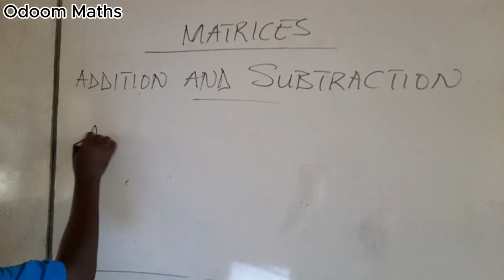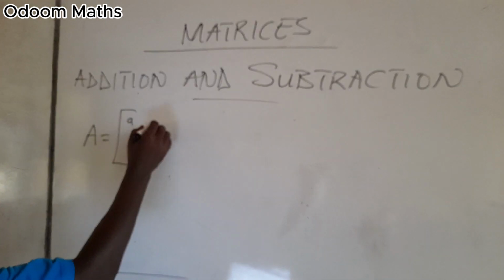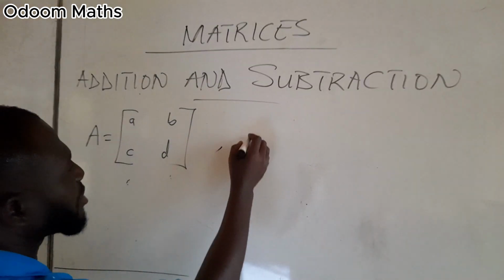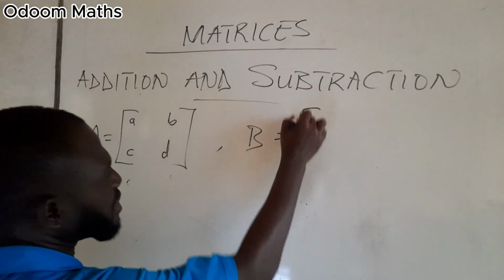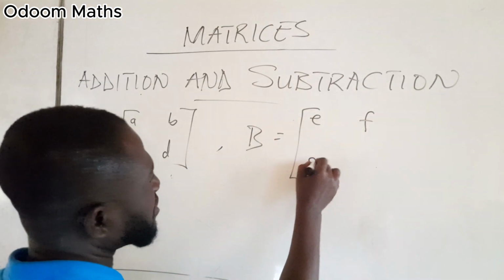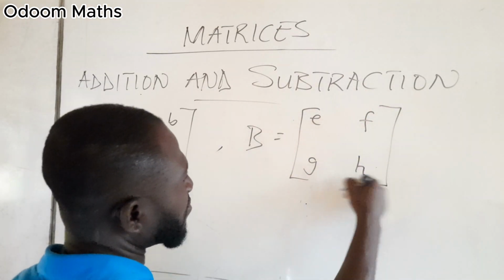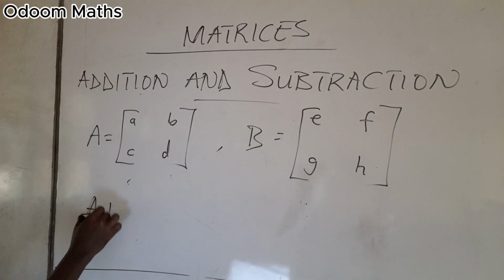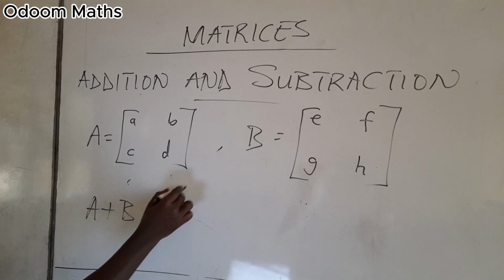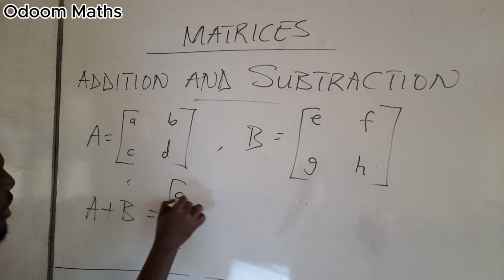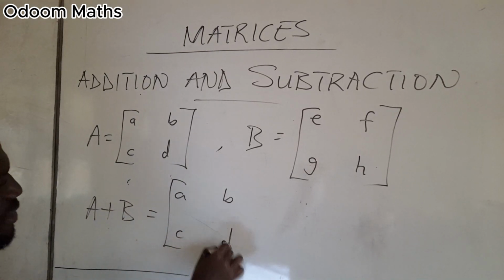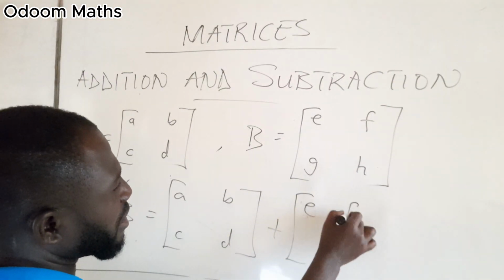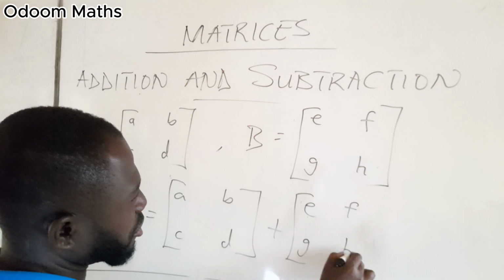Let's say we have a matrix A with the entries A, B, C, and D, and another matrix B which has the entries E, F, G, H. Now let's add A and B. So A plus B is A, B, C, D plus E, F, G, and then H.